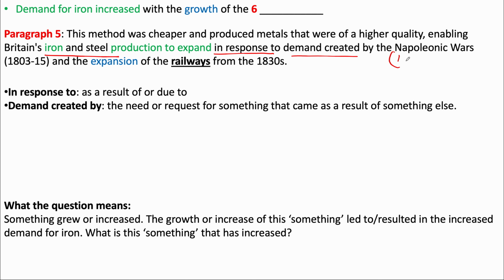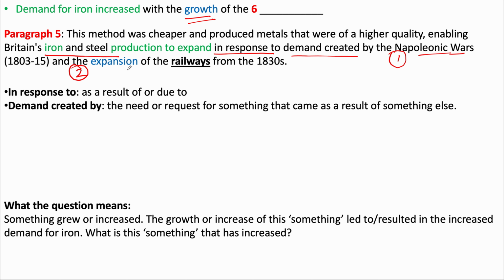One is the wars, second is the expansion of the railways. In the question, we are asked only one reason. It cannot be the Napoleonic Wars because there is no word which is used when describing the wars that corresponds to the word growth in the question.